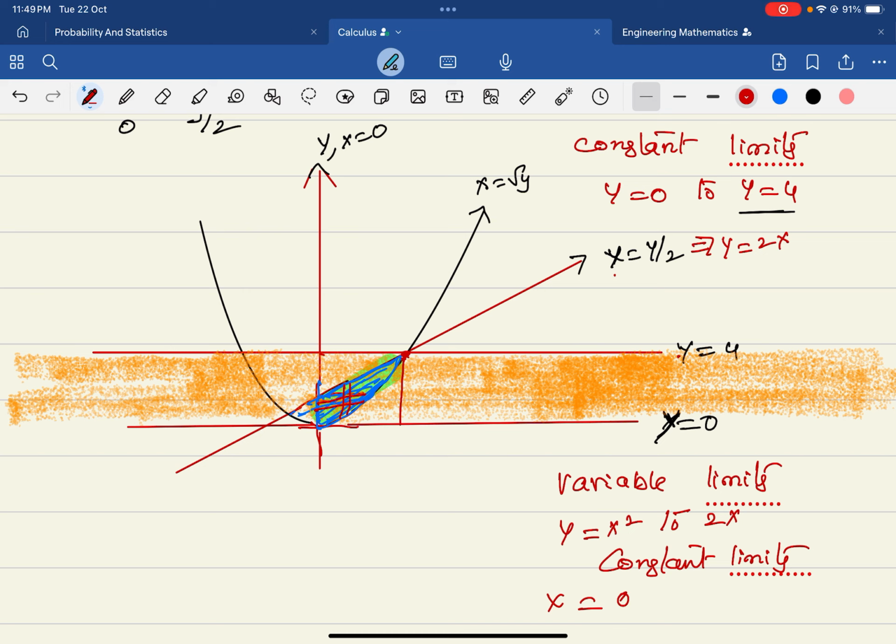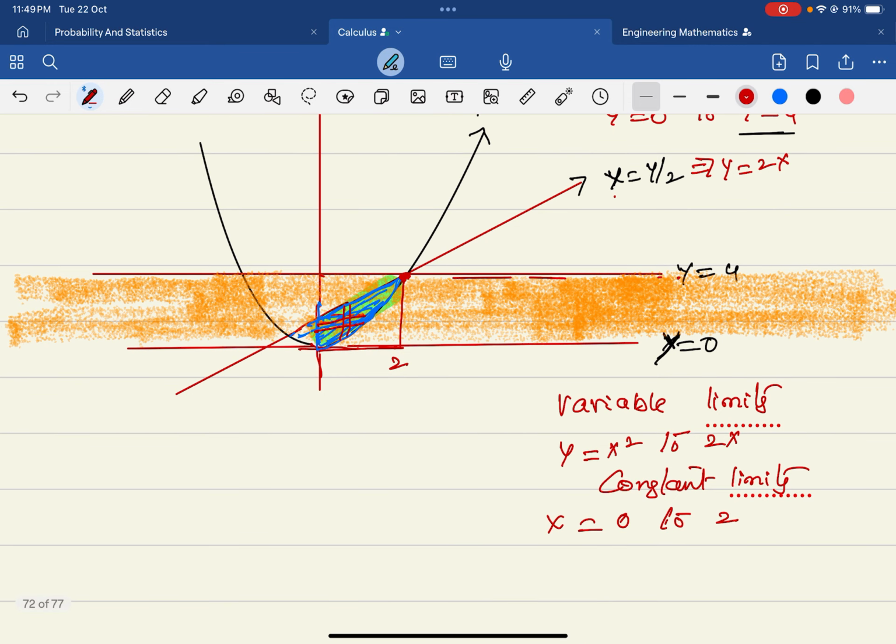When y is equal to 4, what is x? It is 4 by 2, that is 2. So we are going from x is equal to 0 to 2. To understand this, you have to find out the limits here. This line is y is equal to 4, and this point of intersection is that. So you have to find out that one.